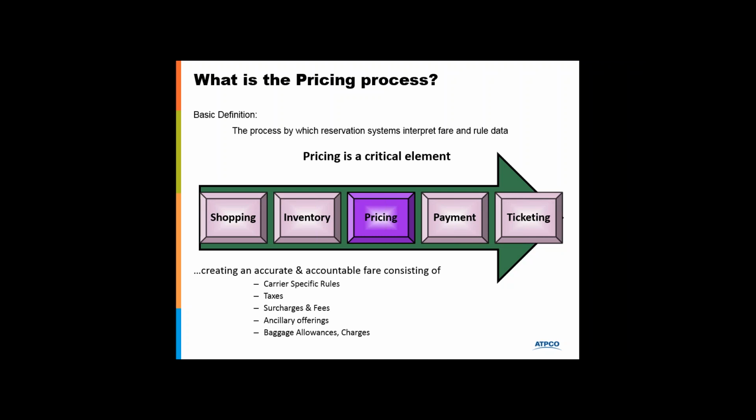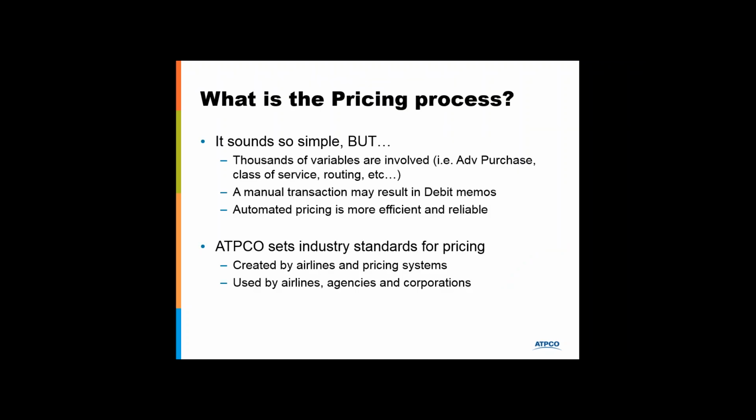Of services, baggage, etc., that it is a guarantee factor. And it sounds really simple, but really the variables involved and all the different restrictions, like advanced purchase, etc., what path of travel has to be taken on that fare. Avoiding a debit memo is choosing the automated process.